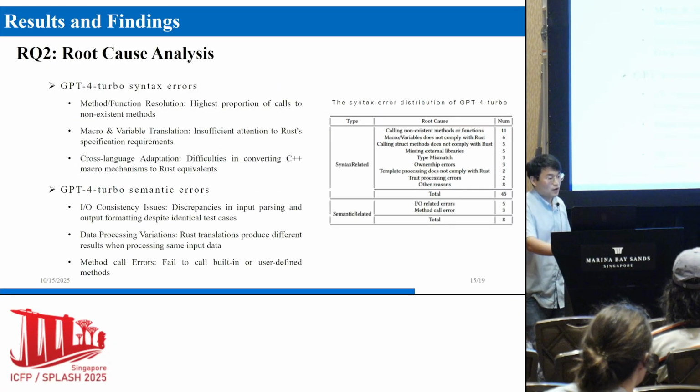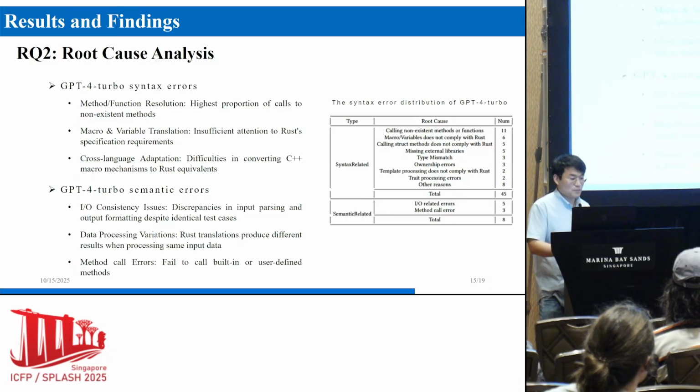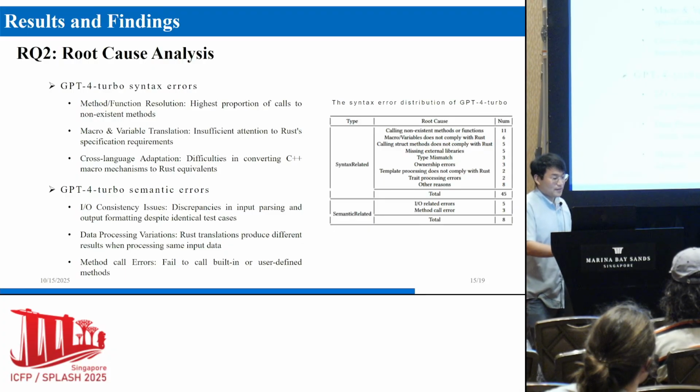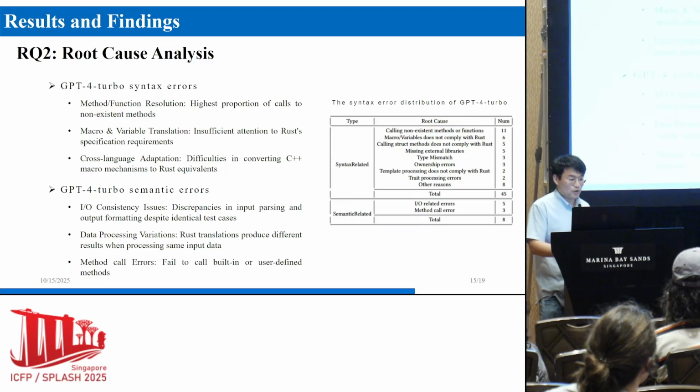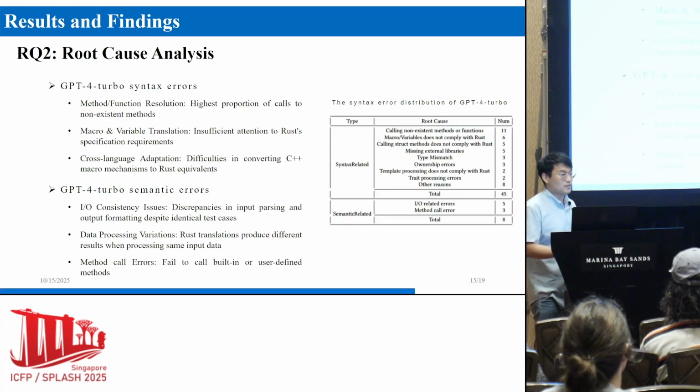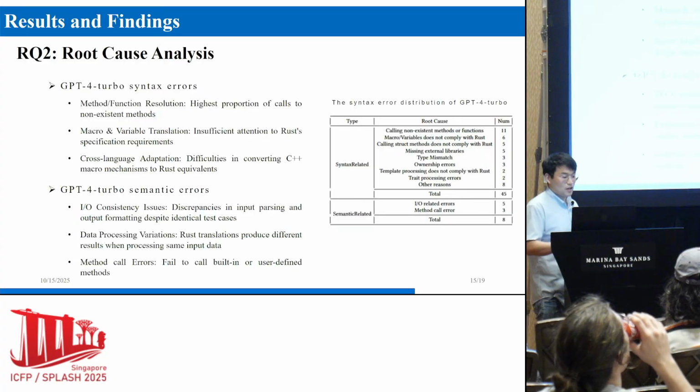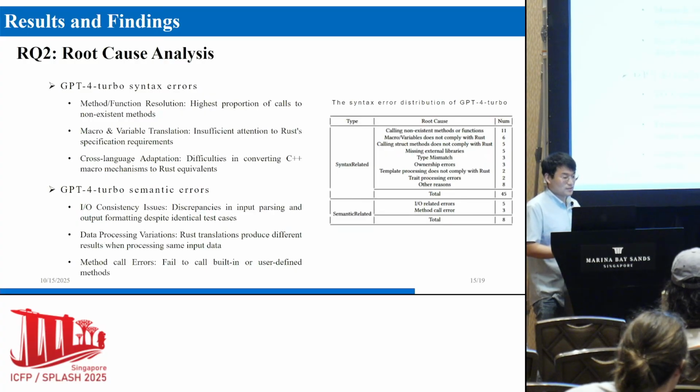The next is the root cause analysis. In this RQ, we have separate results for GPT-4 Turbo and DeepSeek V3. For GPT-4 Turbo, we have many syntax errors, a total of 45. We found that method or function calls are the highest proportion of the errors, as the model may call a non-existent method. This is because of the differences between C++ and Rust features.